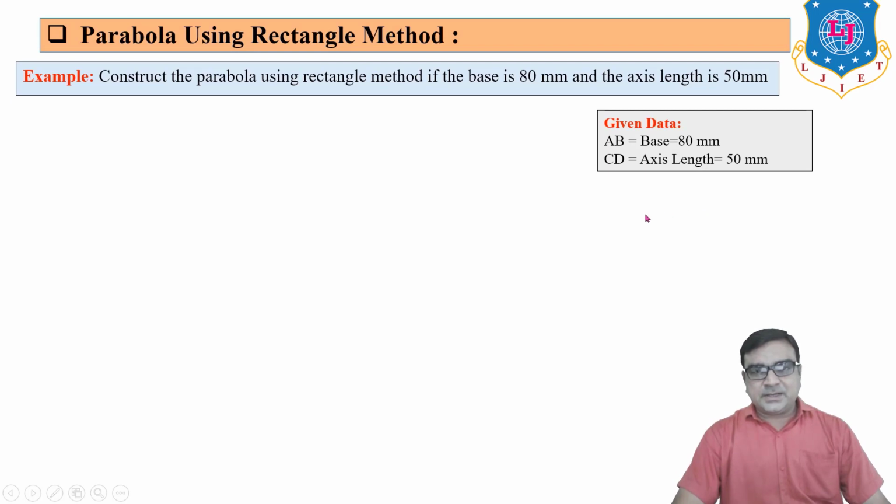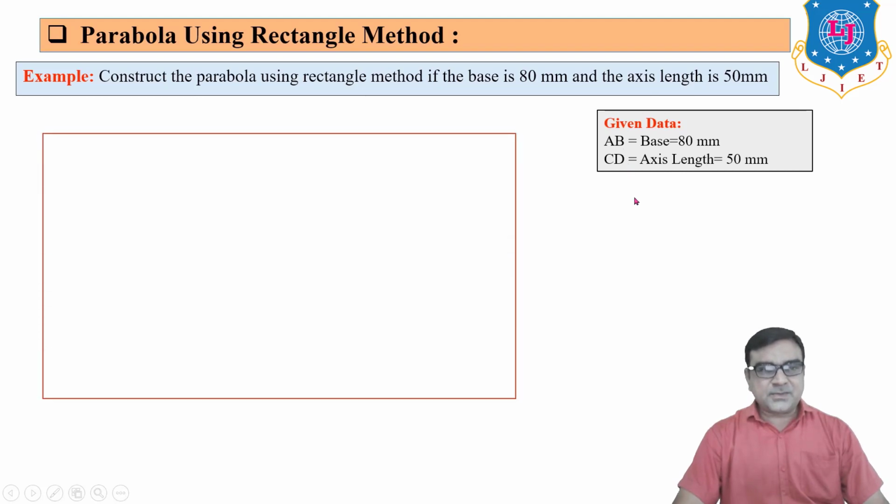So we have taken the base as AB and axis length CD. The value of AB is 80 mm and CD is 50 mm. First of all, you have to draw one rectangle of length 80 mm and height 50 mm.